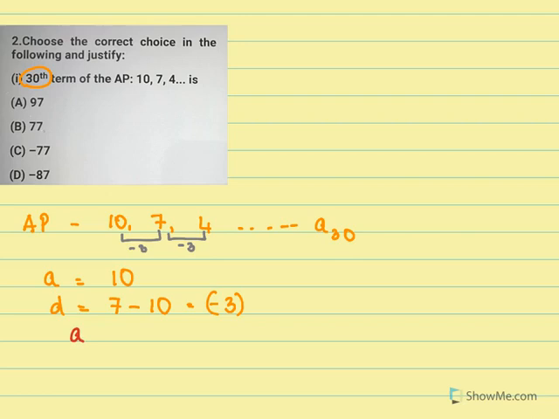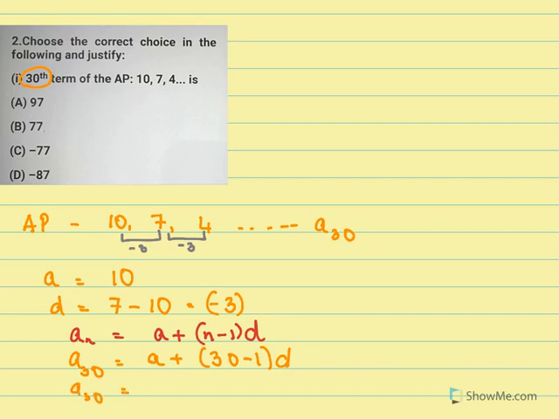So I use the formula a_n equal to a plus (n minus 1) d, which means now a_30 equal to a plus (30 minus 1) d.